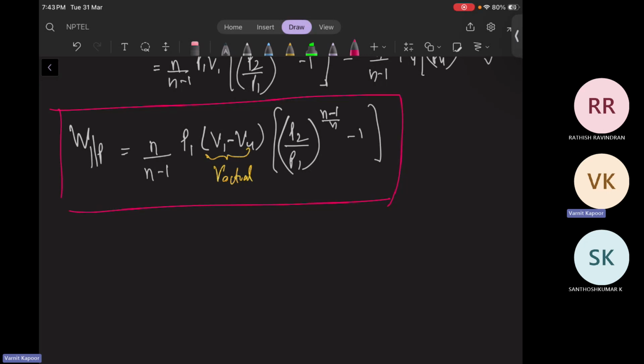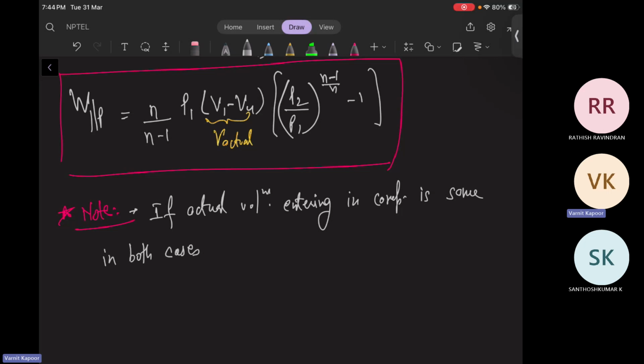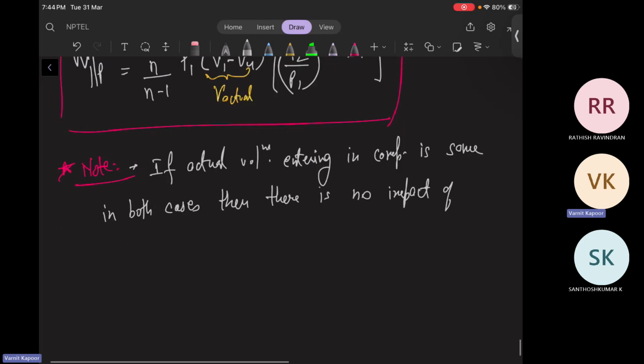Let me write the note points here. First note: if the actual volume entering the compressor is the same in both the above cases, then there is no impact of clearance volume on work input.